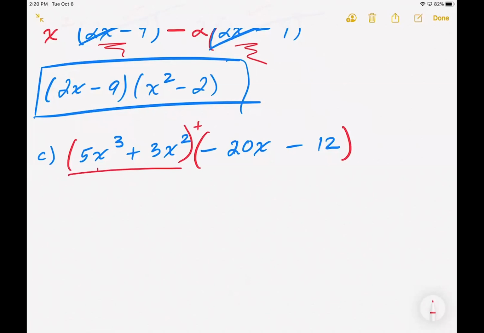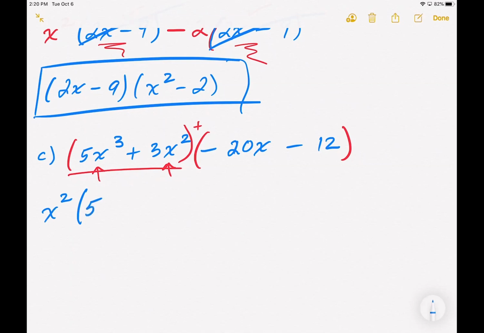In the first group, hopefully you see that the only thing they have in common is the x, and in this case you can take out an x squared, because between the x's I took out the smallest of the exponents. Between my x to the third and x squared, I took out x squared because that's the smallest exponent. Now once I took that out, what do I have?